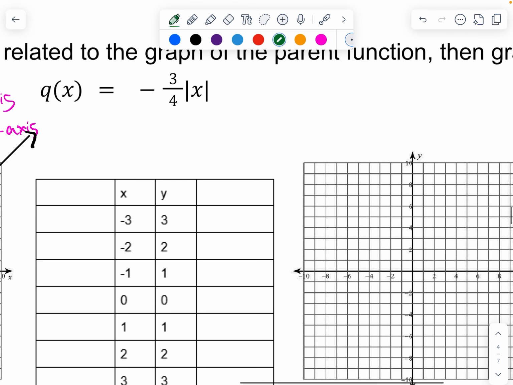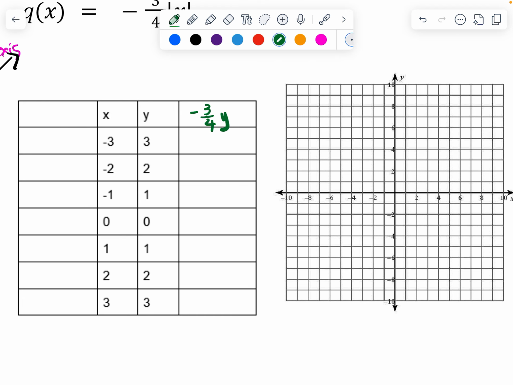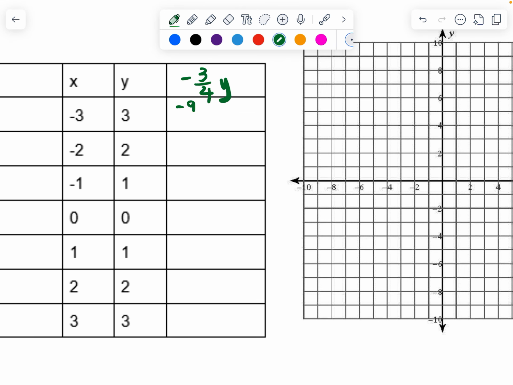Okay, so this next one is all on the outside. So that means I'm doing this to the y value. So -3/4 y. Oh, these aren't pretty numbers. So -9 over 4, -3 over 2, -3 over 4, 0, -3 over 4, -3 over 2, -9 over 4.